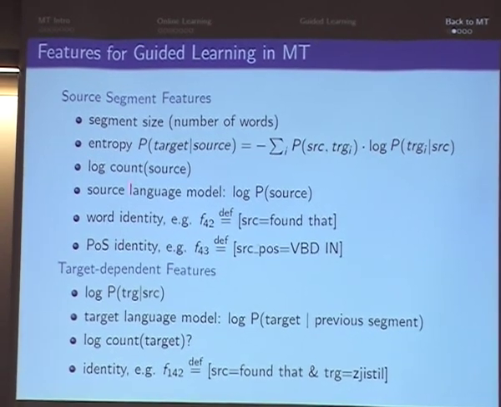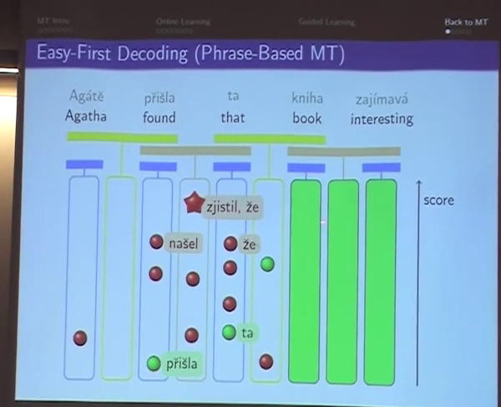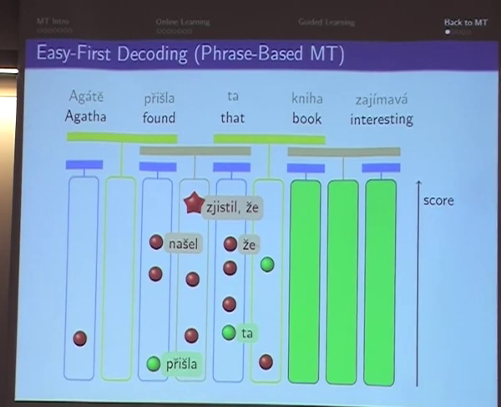The division into those two kinds of features gives some insight into how to select the fear and hope. You know that when you change only the segment-wise features, then you would either boost all of those hypotheses or penalize them. But you cannot change their order. This part of the score is shared by all of them.